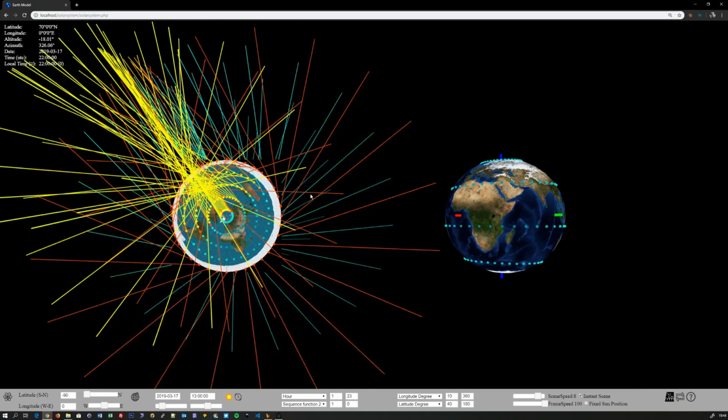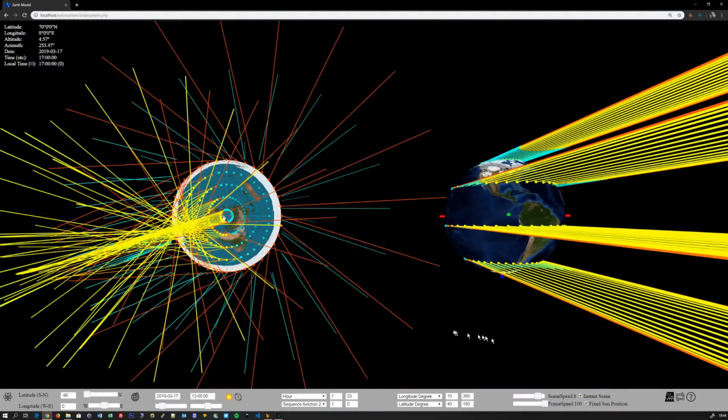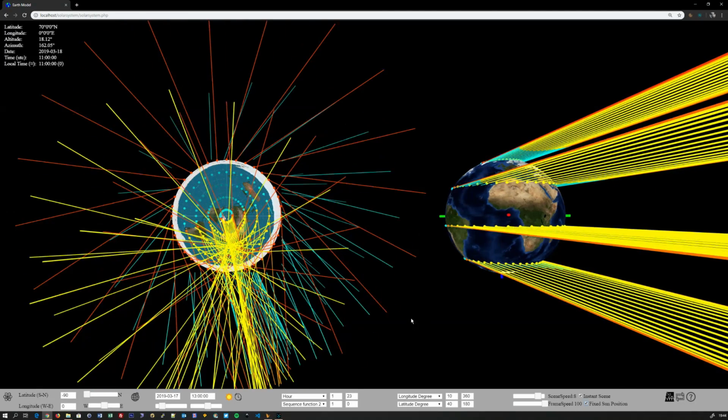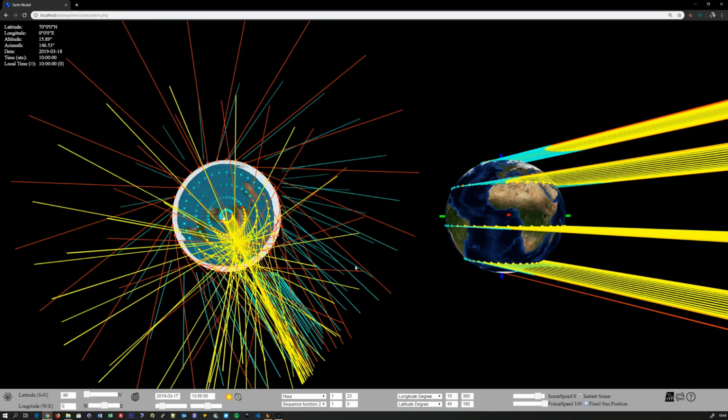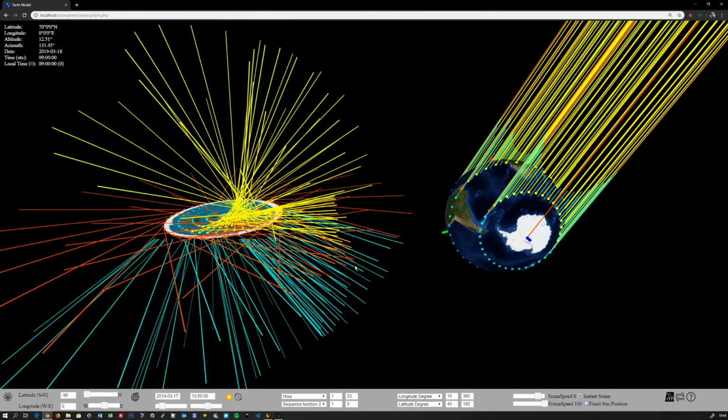An even better one. Okay, let's fix the sun position again. So what we have right now is, again, the same time, same date, different places on the Earth, and this is where the sun is at that time. Nice.